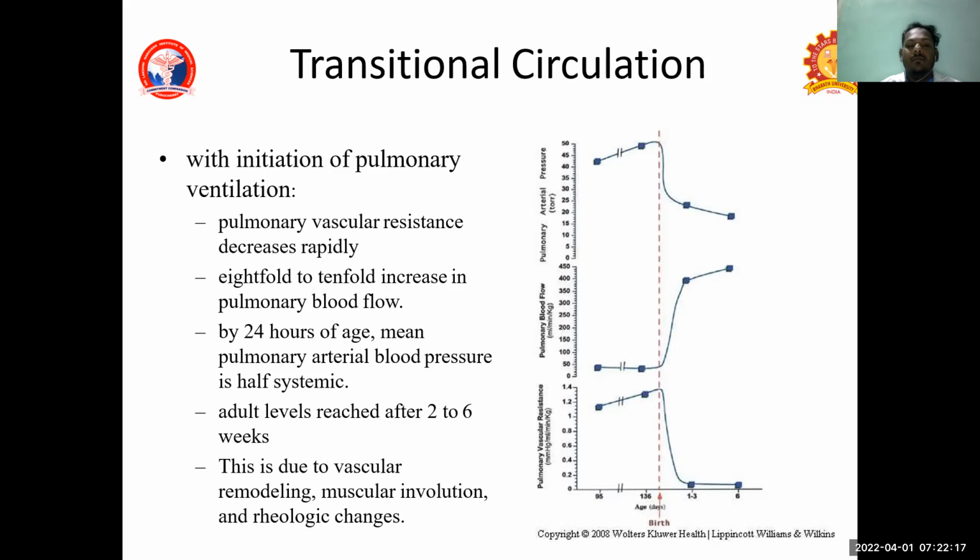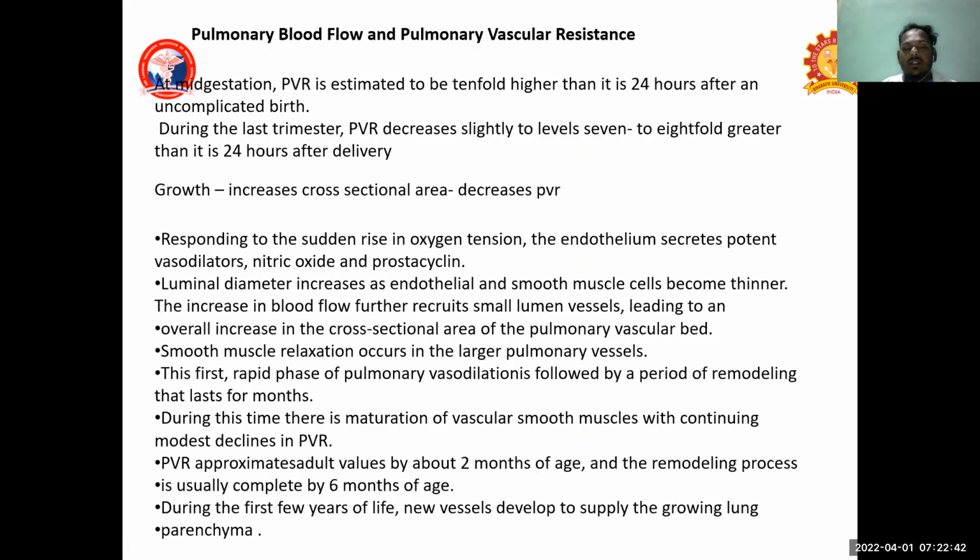As I said earlier, with initiation of pulmonary ventilation, pulmonary vascular resistance falls and arterial pressure falls. Blood flow increases by 24 hours of age. Adult level is reached after 2 to 6 weeks. This is due to vascular remodeling, muscular involution, and rheological changes.